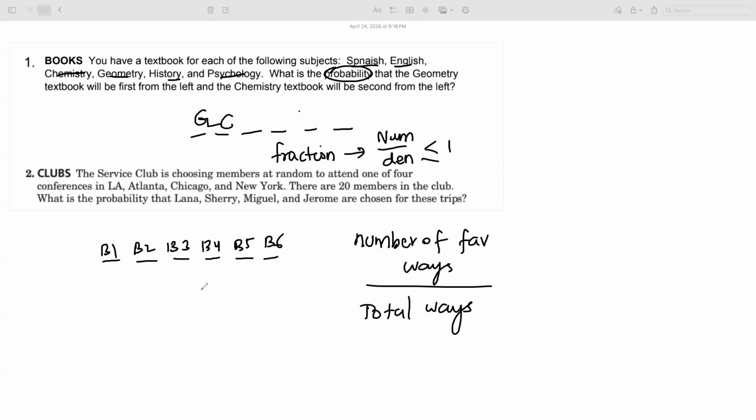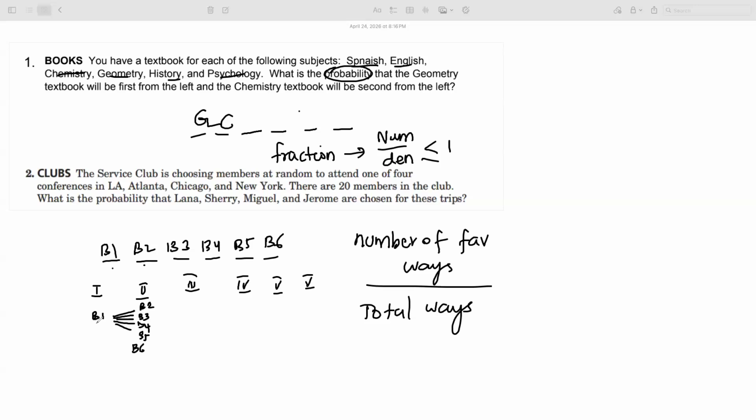Tell me, guys. Okay. On the first slot, second slot, meaning second from the left, third from the left, fourth, fifth, sixth from the left. Let me draw this, okay? The first slot, if I have B1, what happens? Second slot can have how many books? It can be B2, B3, B4, B5, B6.